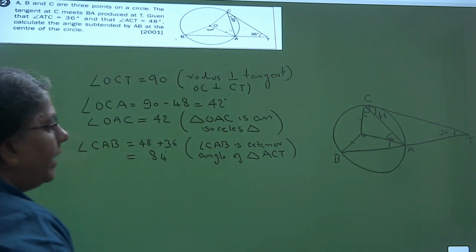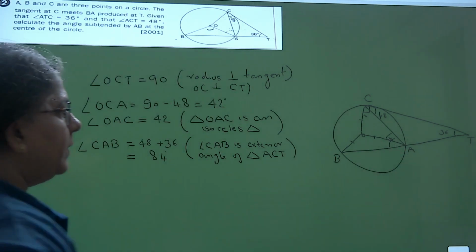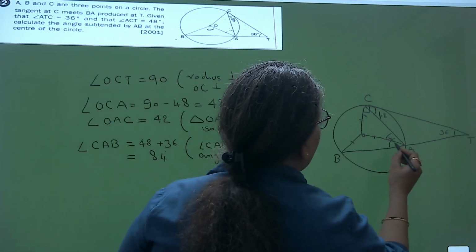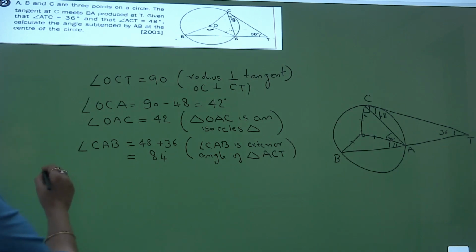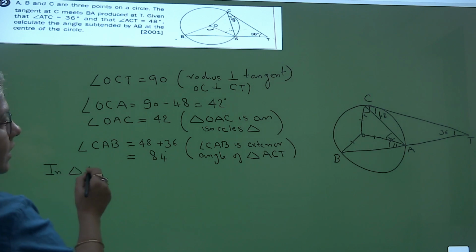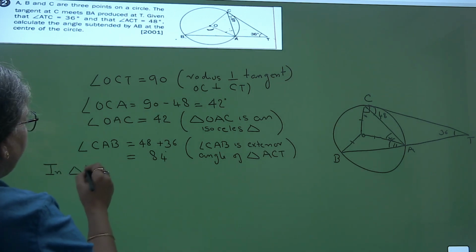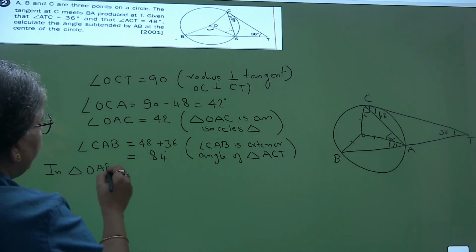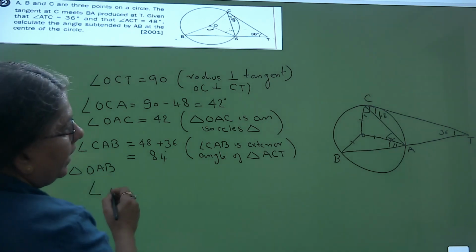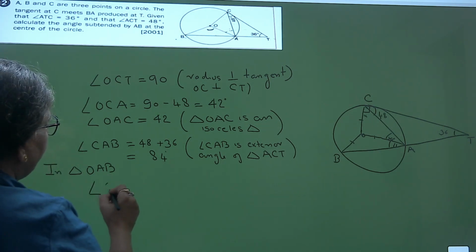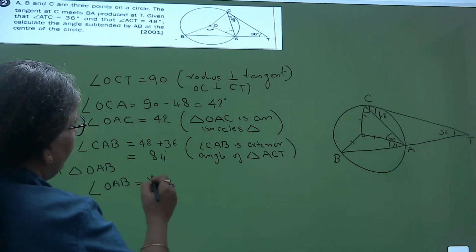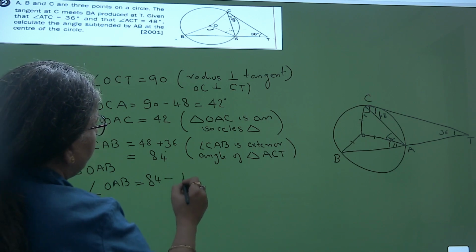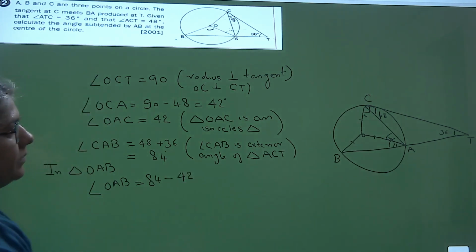So we can find angle OAB, that is, this much angle. So we can write in triangle OAB, angle OAB will be equal to 84 minus 42 degrees.